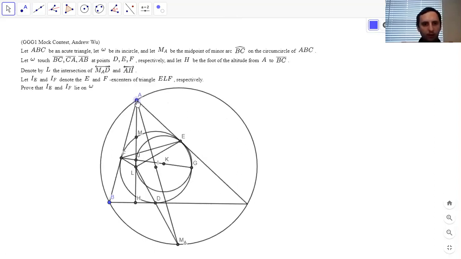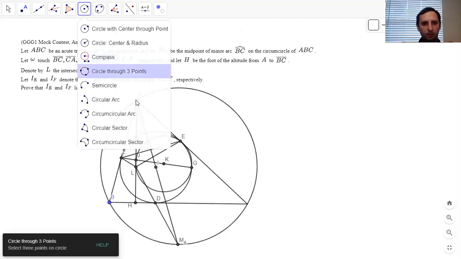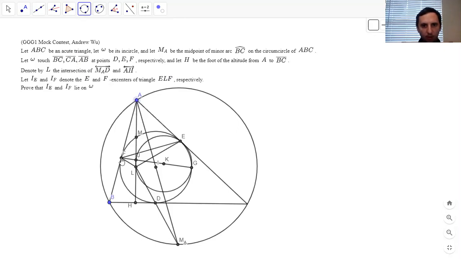So yeah, I don't think L is the center of homothety of the two circles. But I think MAD passes through the Sharkey-Devil point, so maybe it's worth drawing that. Interesting.